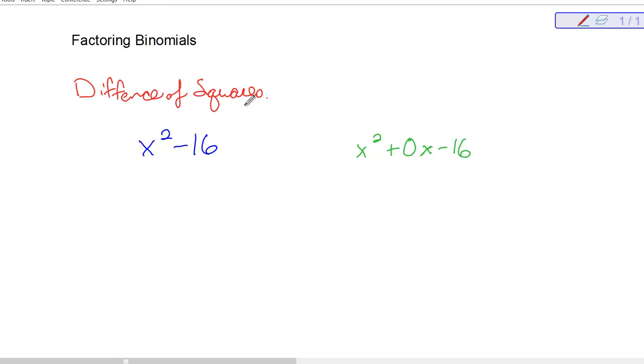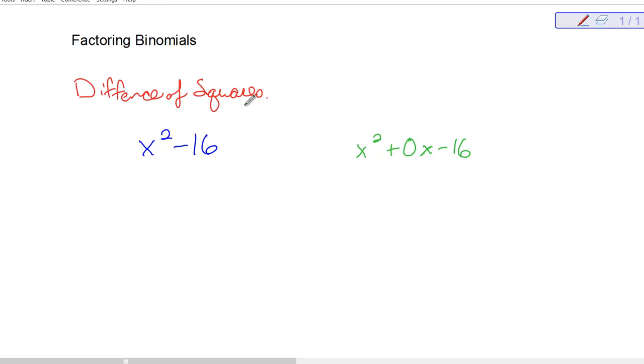For the squares, we're talking about things that are perfect squares, such as 1, 4, 9, 16, 25, 36. Notice the numbers that I just rattled off are the ones that are 1 times 1, which is 1. 2 times 2, that's 4. 3 times 3, that's 9.